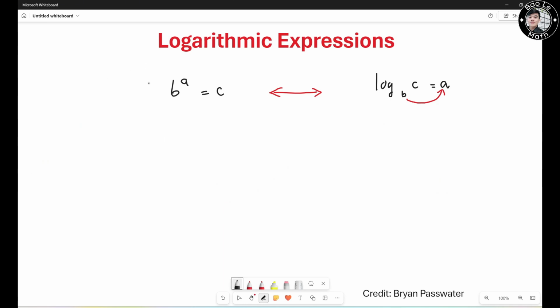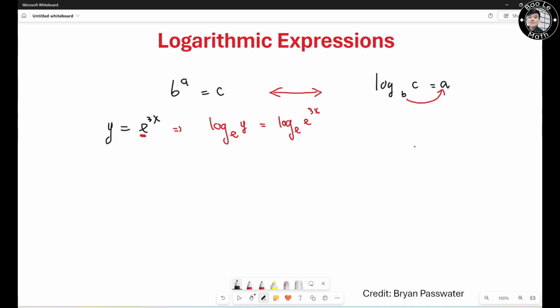Now let's see the next one. So suppose we have y equals e to the 3s, right? Now we need to convert this one into the logarithmic expression. I look at this one right here, I see that this is e, right? So I'm going to take log base e of both sides. So I have log base e of y equals log base e of e to the 3s, right?